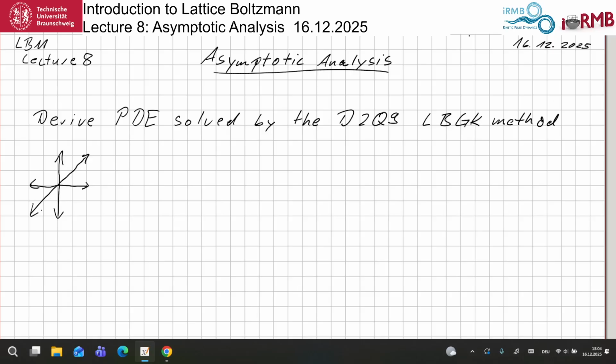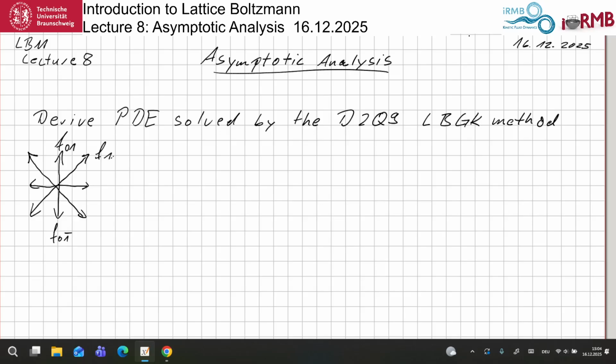I guess we have now already understood that we have this. Okay, it's not very beautifully drawn, but this is our velocity set with the definition of the velocities in Miller indices.